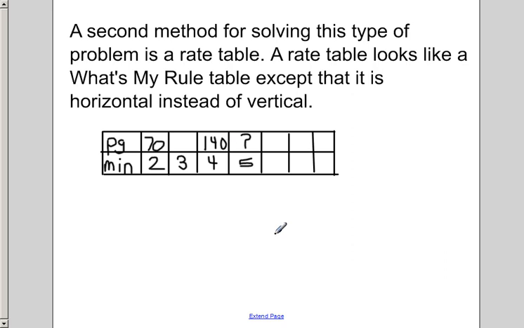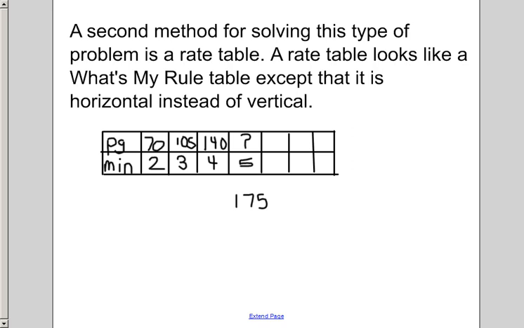And the number in the second column is going to be halfway between these, which is going to be 105. So now we know that the increments we can see are going up by 35. So then we'll know that this missing number is going to be 175, 35 more than 140. So this is an example of a rate table.